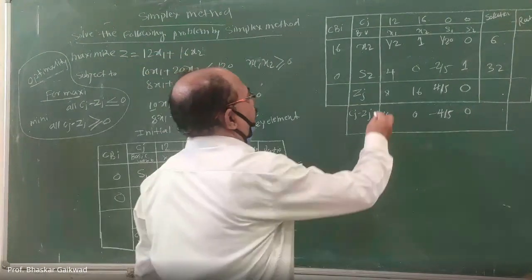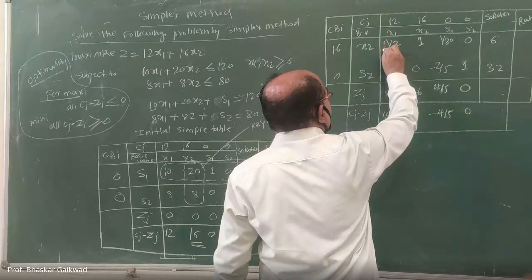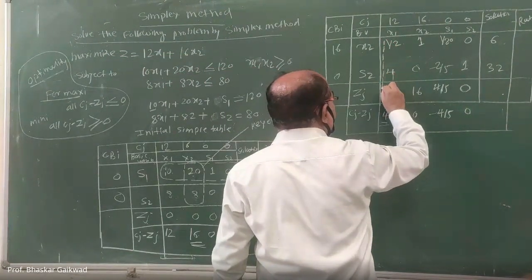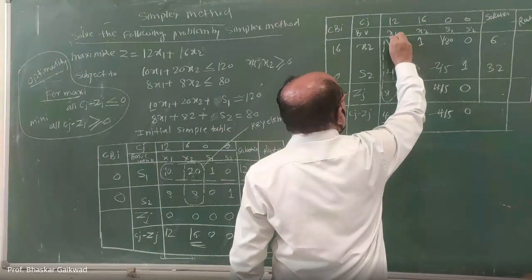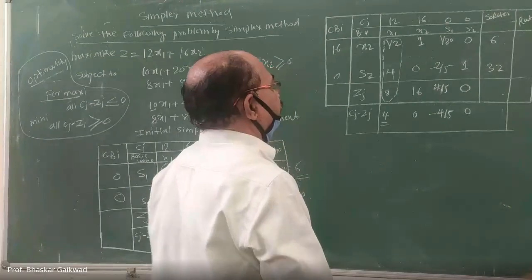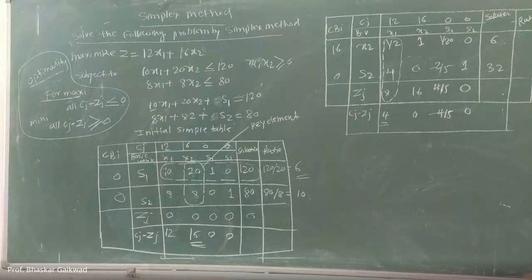You can make the column like this is the column maximum value. After that, we have to find the row. In order to find the row, you can take the ratio.